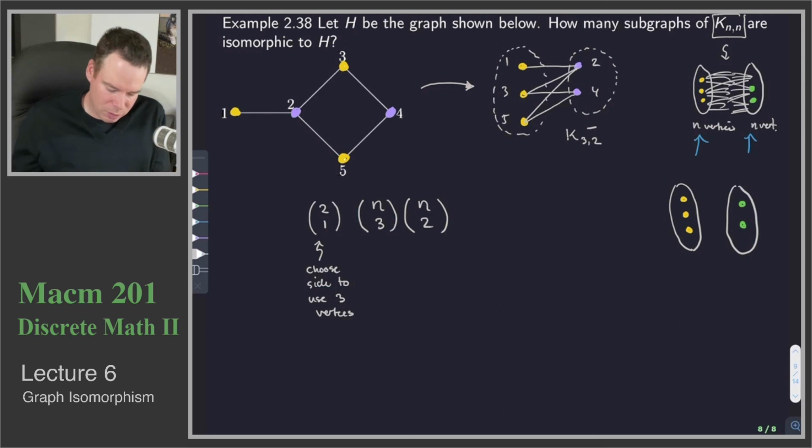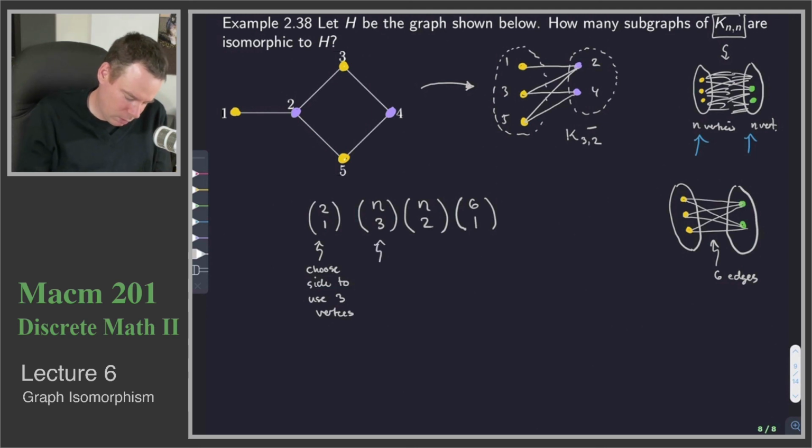With that selection in mind, I now have all these edges at my disposal, but I want to remove one of them. So what can I do? Well, there's 6 edges that connect the yellow and the green vertices. I want to pick one of them and remove it. So of those 6 edges, remove one of them.